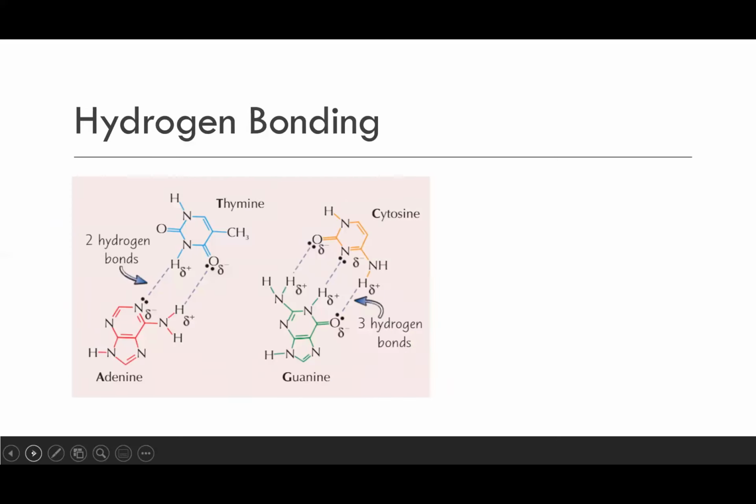So hydrogen bonding causes the bases to form specific pairs. As we just spoke about, the complementary base pairing exists in the DNA helix, where adenine always pairs with thymine and cytosine always pairs with guanine. It happens because of the arrangement and number of atoms in the base molecules that are capable of forming hydrogen bonds.